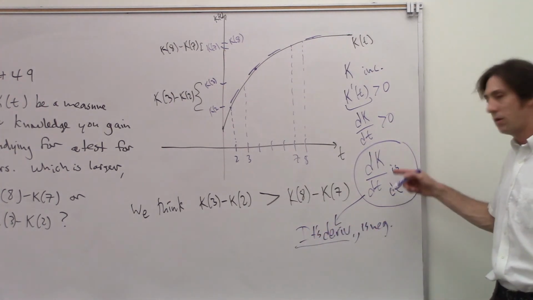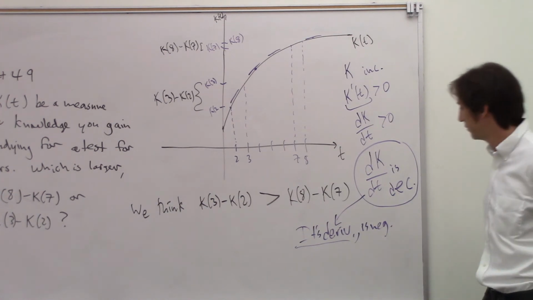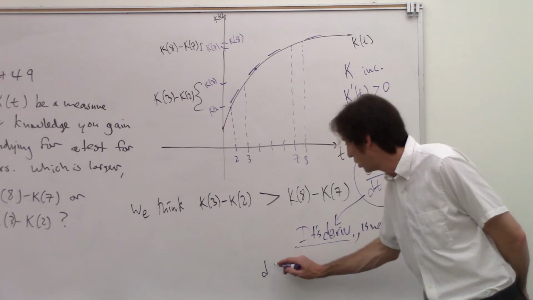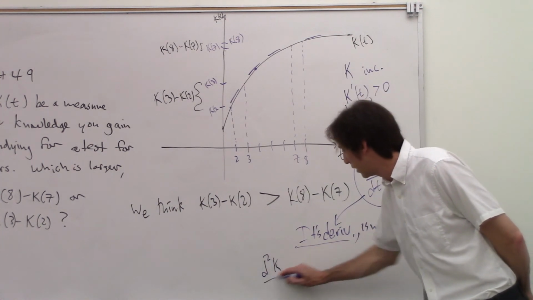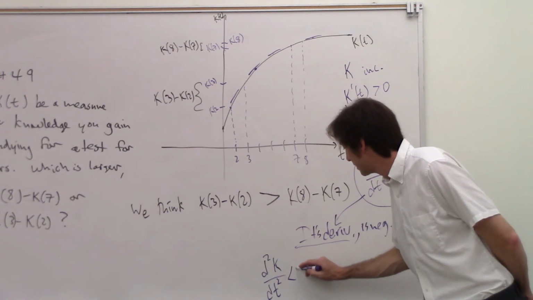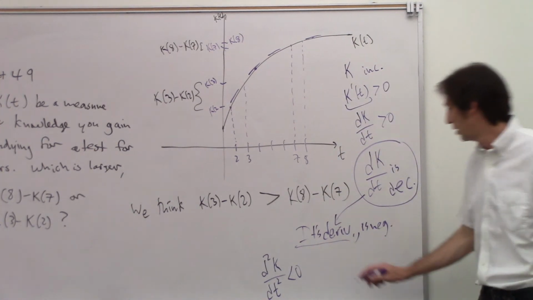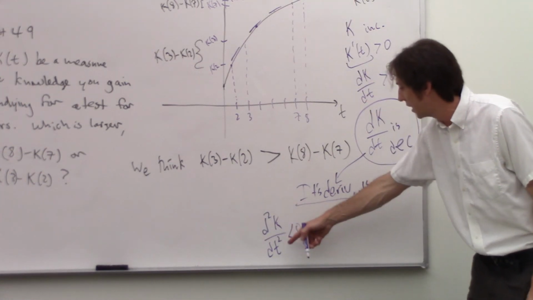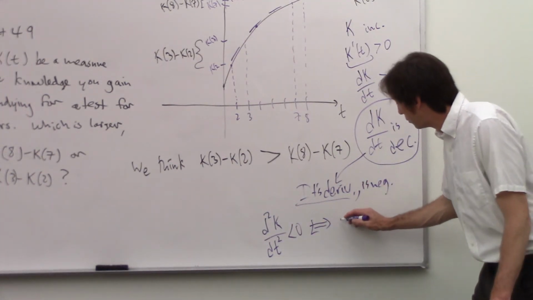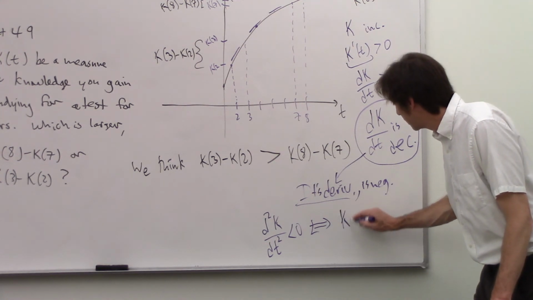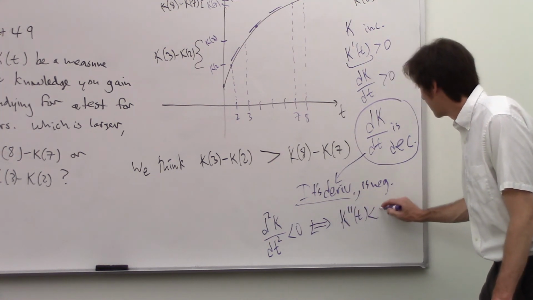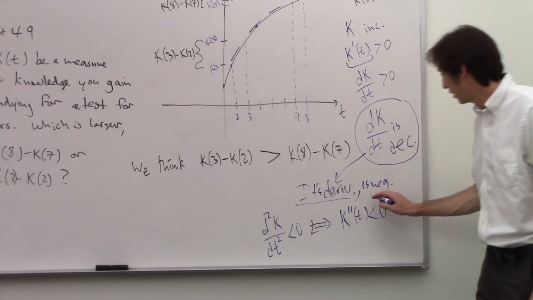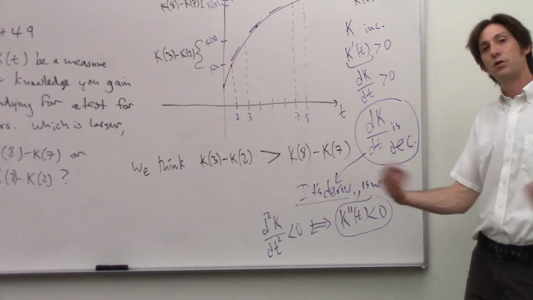And the derivative of the first derivative is the second derivative, right? And so with the notation from the book, d squared k dt squared is negative, right? And what that means, this notation d squared k dt squared, I could write it like this. I could write k double prime of t is negative, okay? Or we could write it some other way with some other notation.